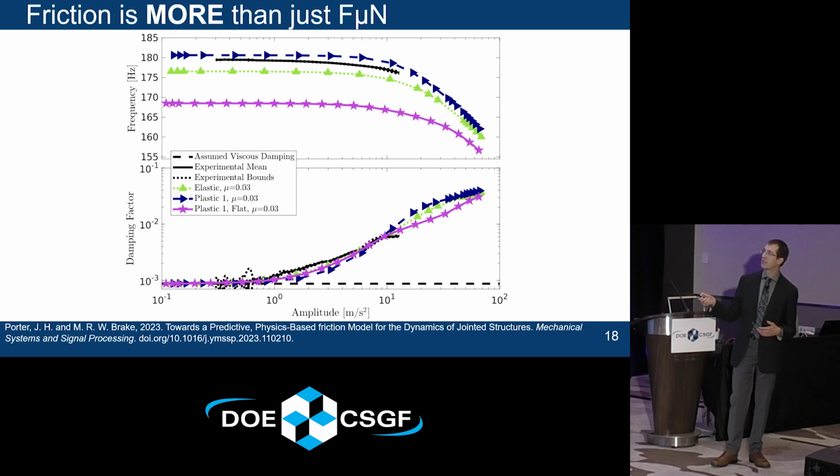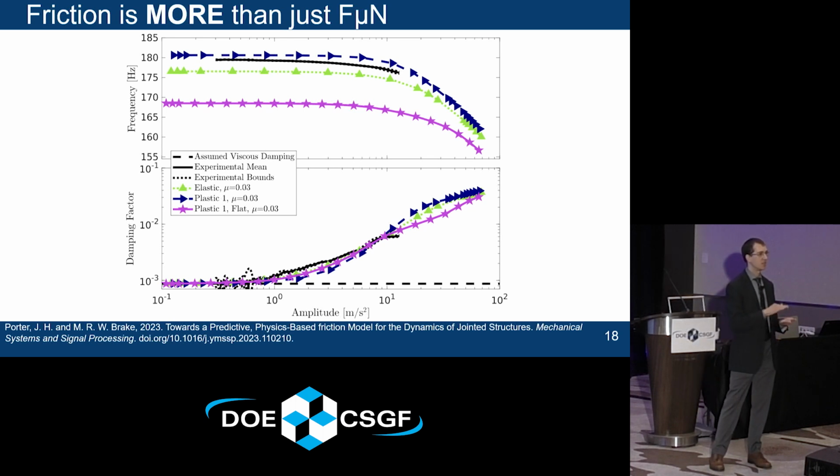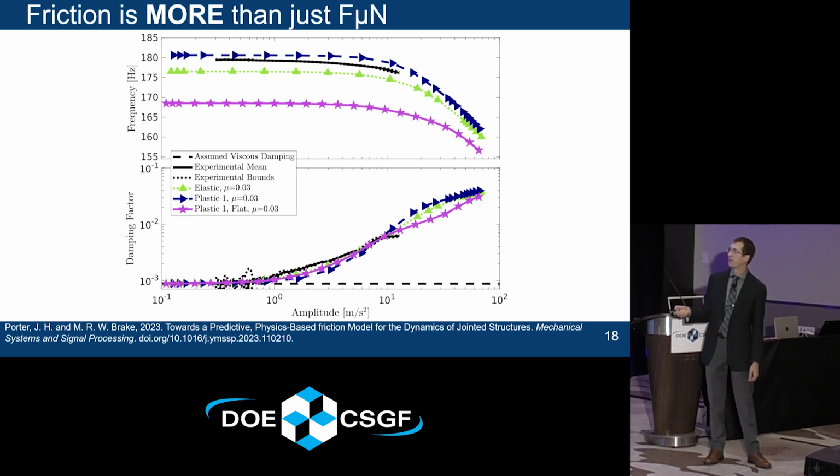And then finally, the top line with the triangles and the dashed line is the best predictions of the model, including the permanent deformation of these contact points and this initial gap of 100 microns at the center of the interface. This is showing how the peak shifts along the x-axis, and then measuring energy dissipation on the bottom with the damping.